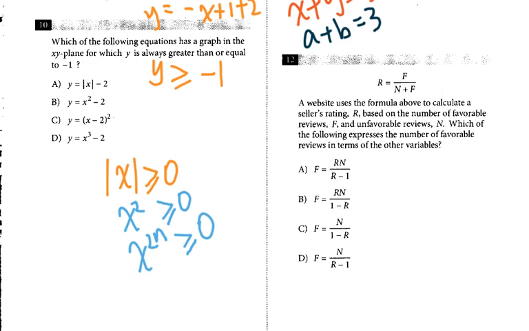So for the first one, y will be greater than or equal to -2. For the second one, still y greater than or equal to -2. For C, definitely y will be greater than or equal to 0, because it will be squared. For the third one, it could be from -infinity to +infinity for y. That's why the solution will be C.